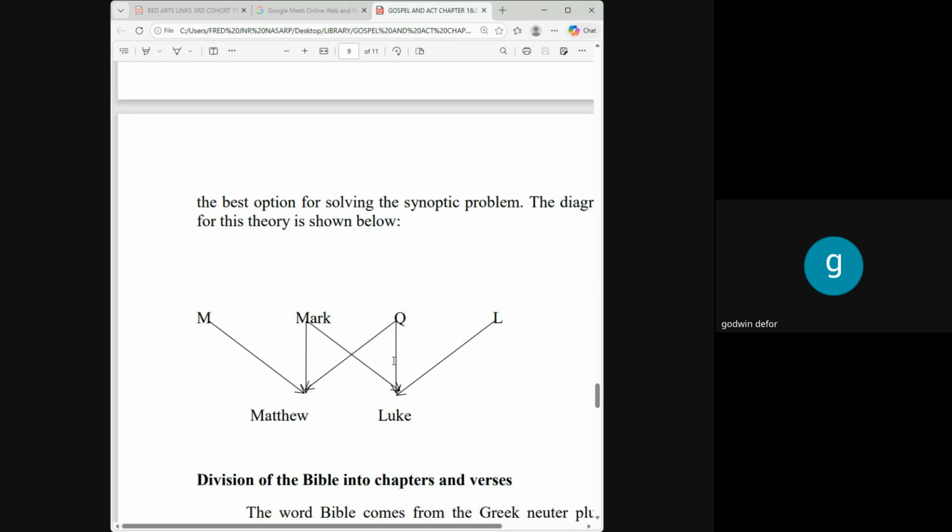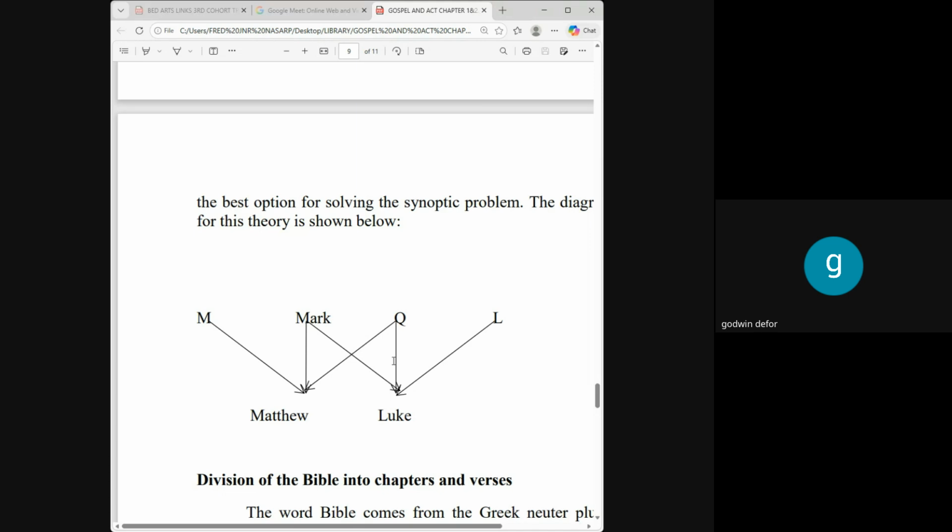And the secret source for Luke, you don't have that verse or passage in Matthew or in Mark. This answers the question why Matthew has a source you cannot find in Mark and Luke, and why Luke has a source you cannot find in Mark and Matthew. So this is what the four source theory is telling us.